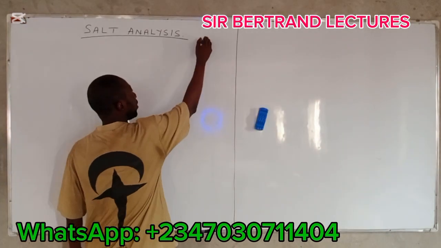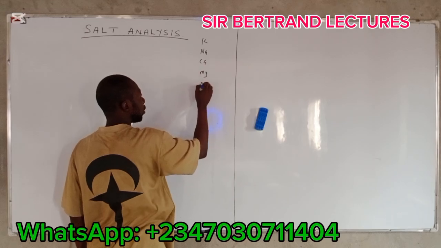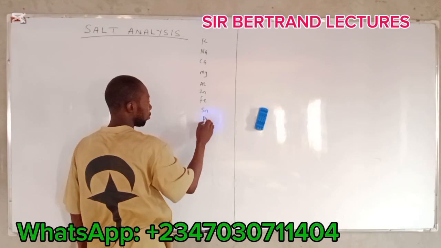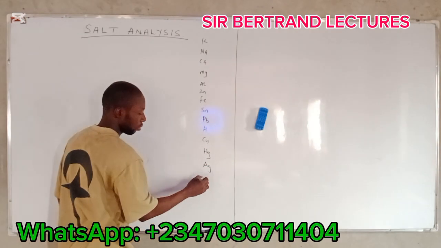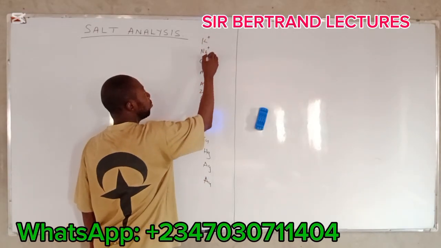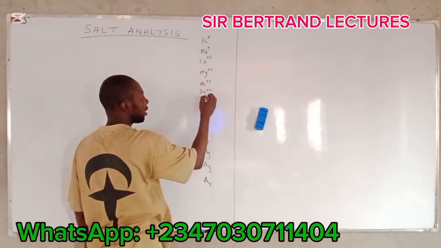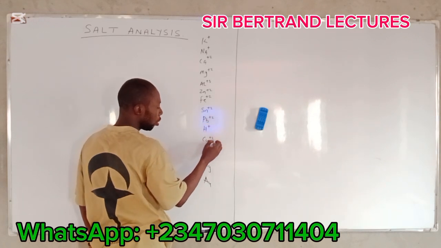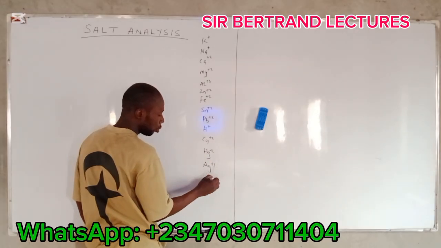Here is the reactivity series. This is potassium, sodium, calcium, magnesium, aluminium, zinc, iron, tin, lead, hydrogen, copper, mercury, silver, and gold.